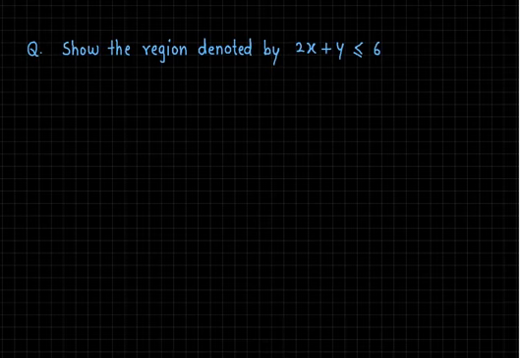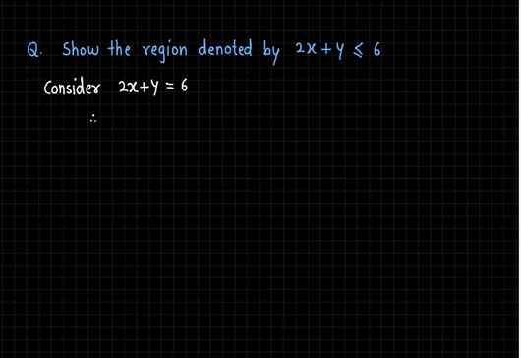While plotting any inequality, first we have to consider the equality. That means we have to consider the line that is coming into the picture. So let us first consider the equality part, 2x plus y equal to 6. From the concepts of straight line, we know this represents a straight line, and we can find out how to plot it.